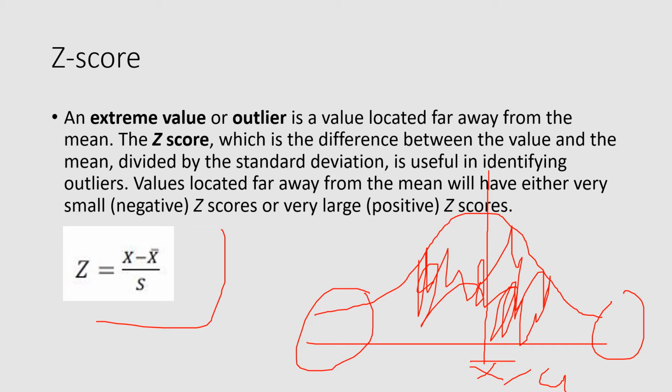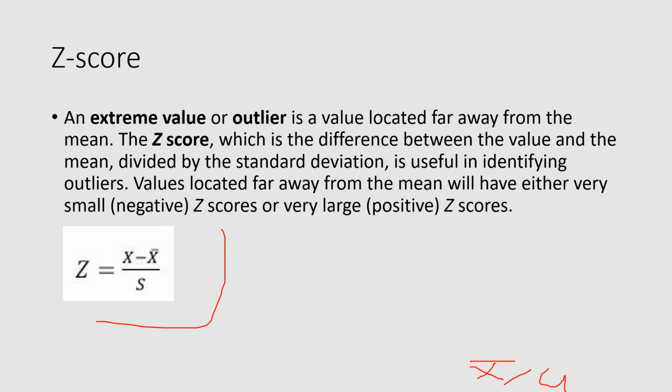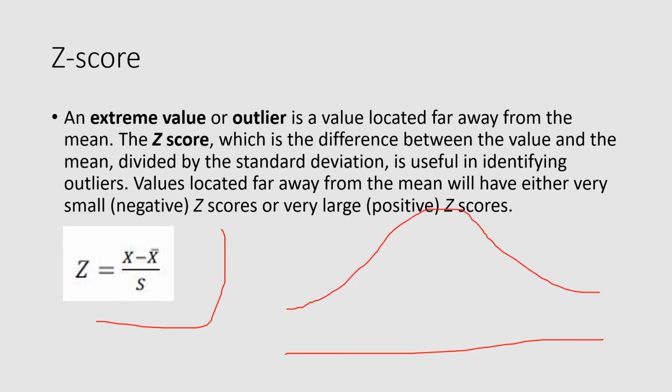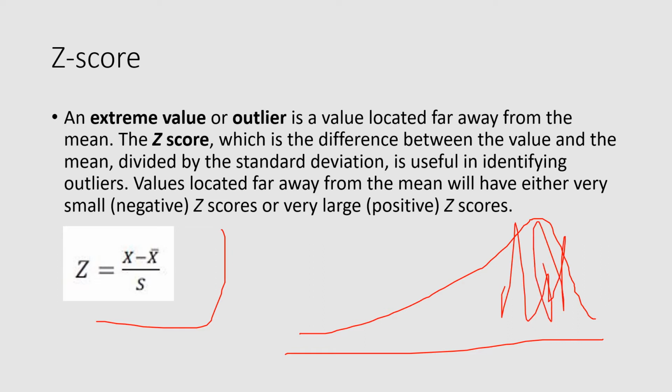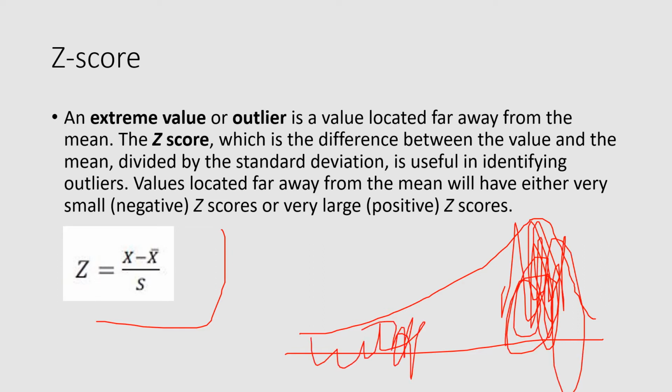That is something that we will talk about after the z-score. But anyway, if we do end up with data that is not normally distributed, let's say like this, you see a lot of scores are here, and there are only a few here.